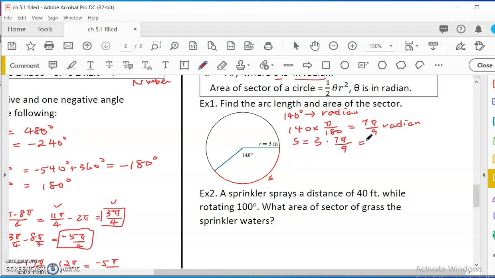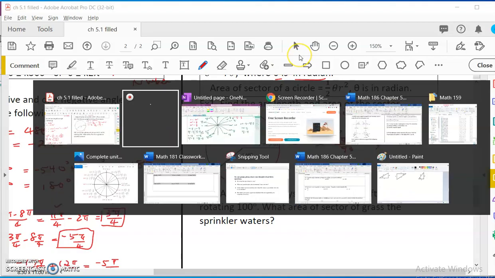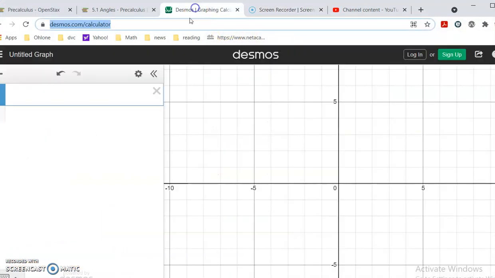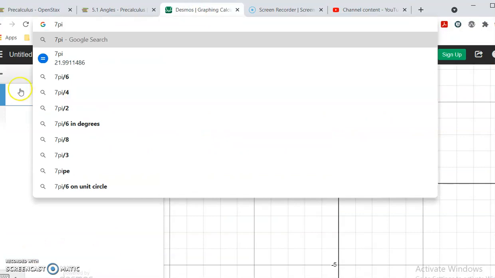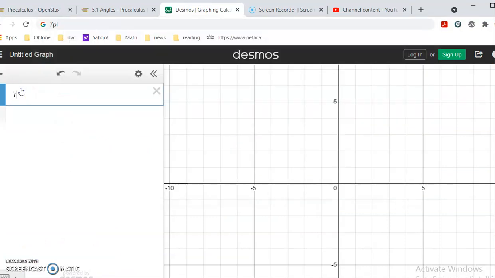So simplify, 7 pi over 3, right? And put it in the calculator, 7 pi over 3, let's do decimal.